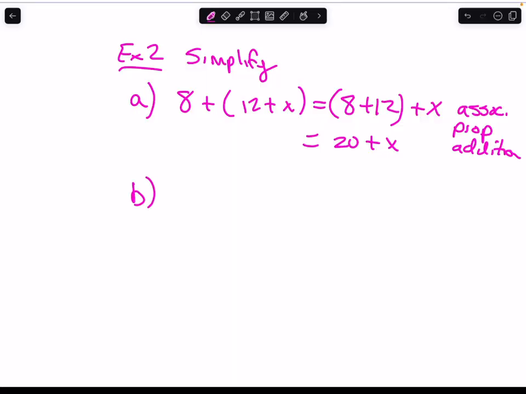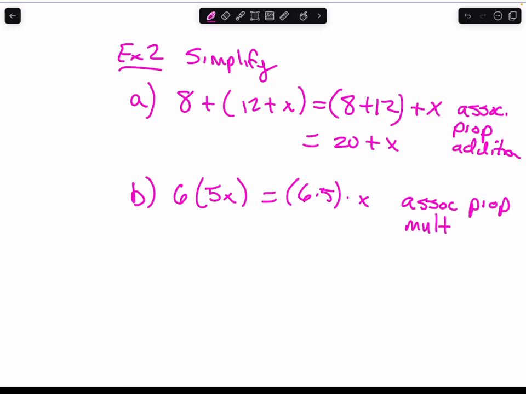B. 6 times 5x. How can we simplify that? We can reassociate the multiplication as 6 times 5, times x, using the associative property of multiplication.